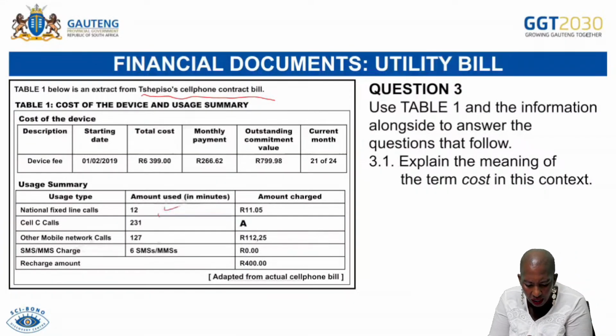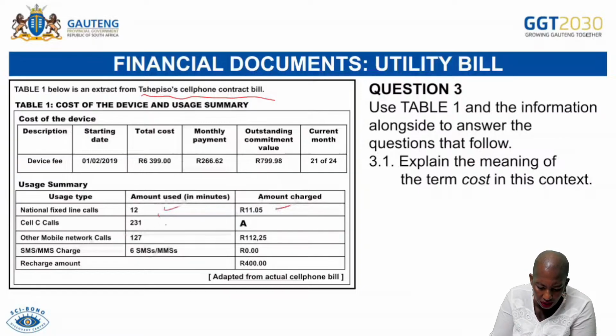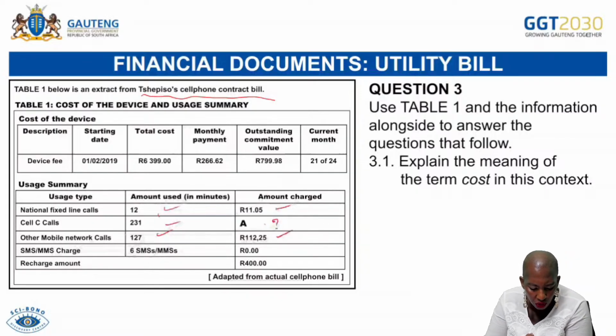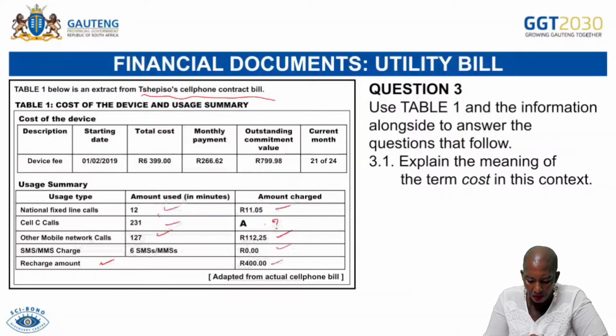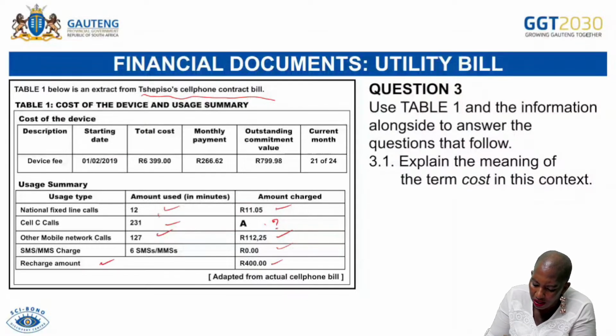This is what she has used, and then this is what they are charging, and then they say Cell C calls, and then here it is unknown, we don't know, and then other mobiles, this person did use 127 minutes, and then they've charged them 112 rand 25 cent, and then 6 SMSs, and they're free, they did not charge, and then they placed a recharge amount of 400 rand. Now it says use the table and the information alongside to answer the questions that follow.